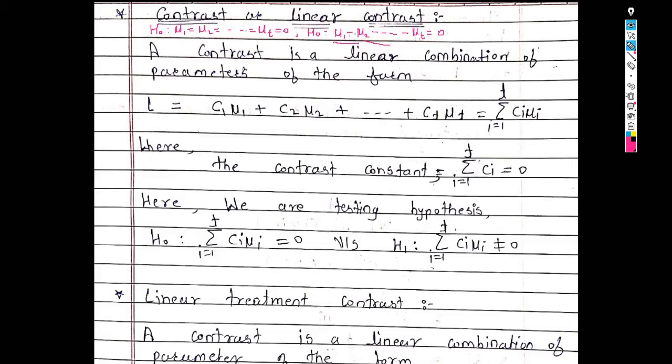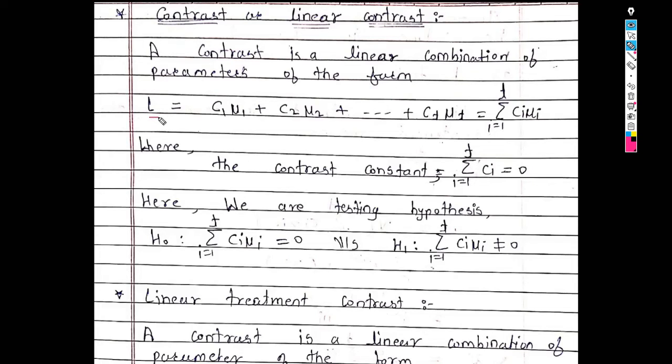So let us discuss its definition. How do we define this linear contrast? A contrast is a linear combination of parameters of the form.